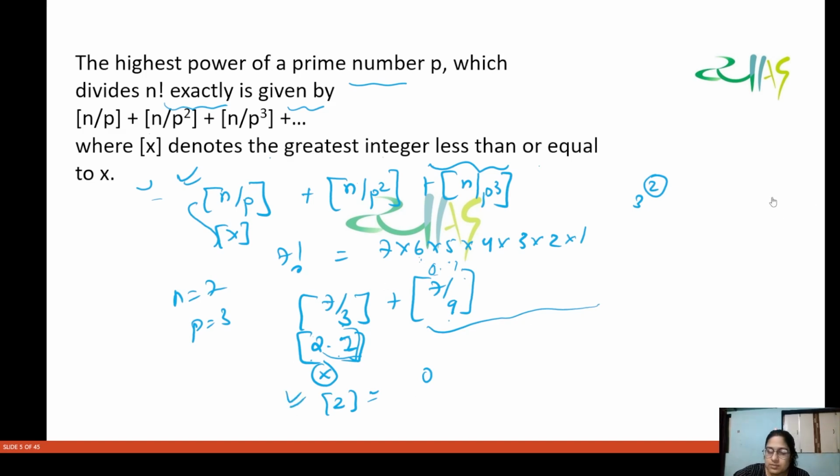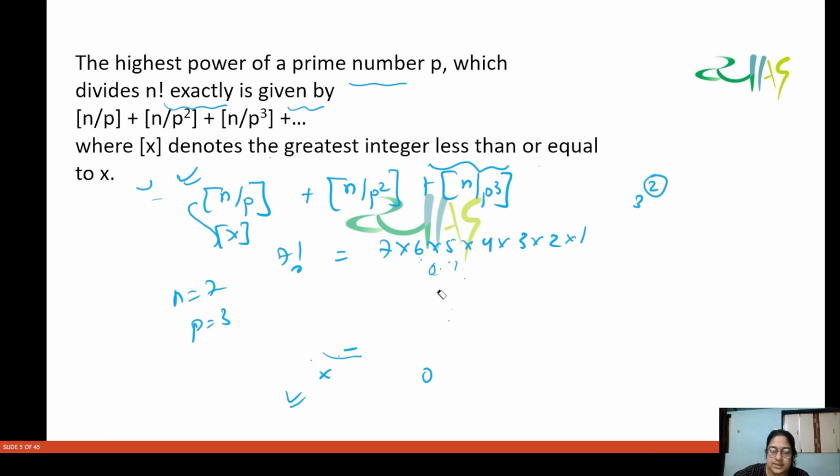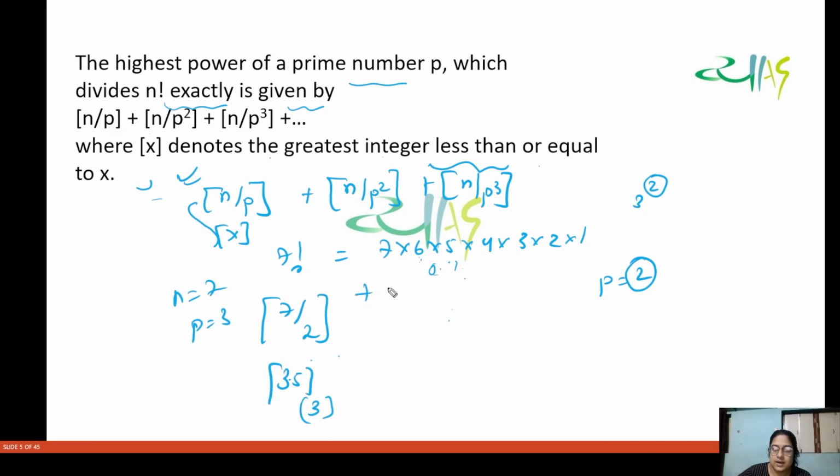Now let's check it for another number. Let's check it for 7 by 2. So I am checking it for prime number 2. How will I get it? 7 by 2 is equal to 3.5. What is the greatest integer? 3. Now 7 by 2 square, that is 7 by 4.